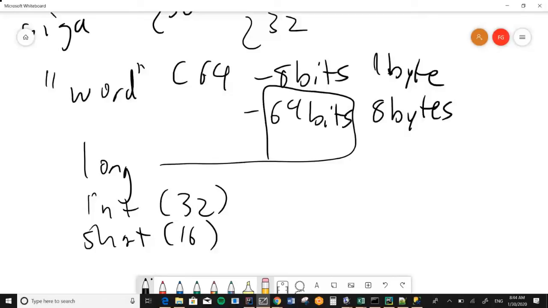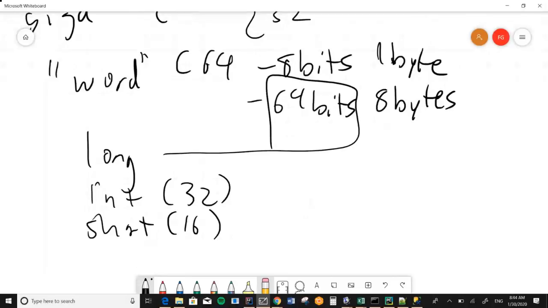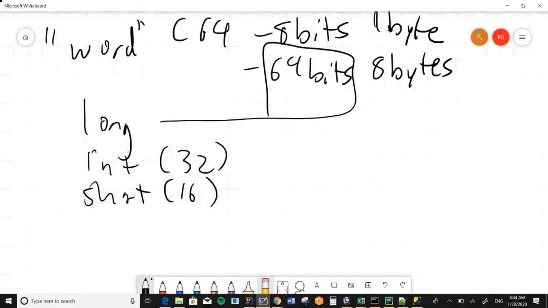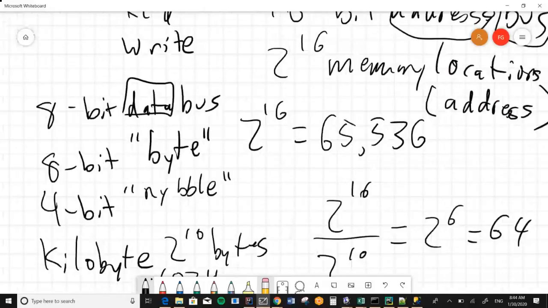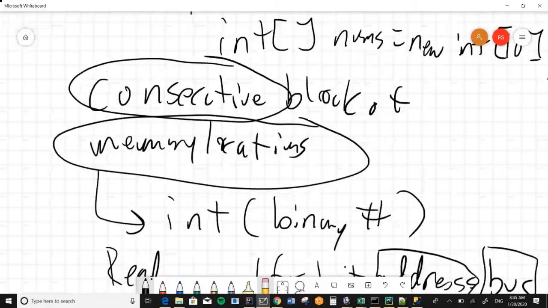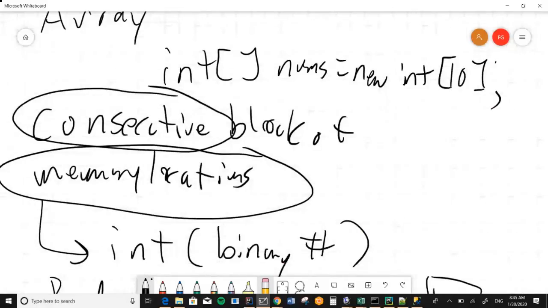So in any event, all of this background is just to say that when you allocate an array, a consecutive block of memory locations, what you're doing is saying to the operating system, find some memory address where there are this number of consecutive addresses available.